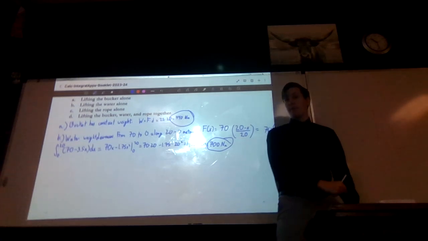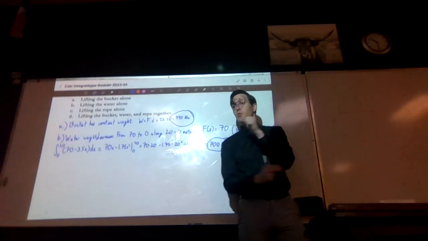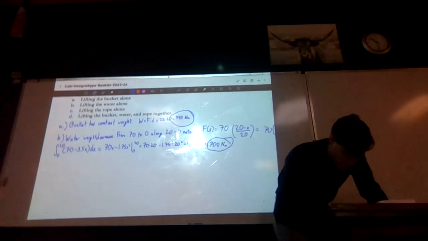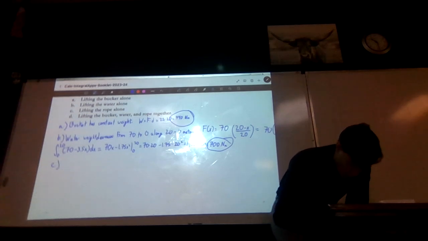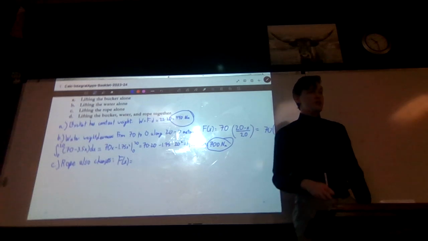Now, what is our last thing? The rope. Because remember, as we pull up the rope, what is happening? We have less and less rope weighing it down. So for part C, the rope also changes weight. Why would the rope change?